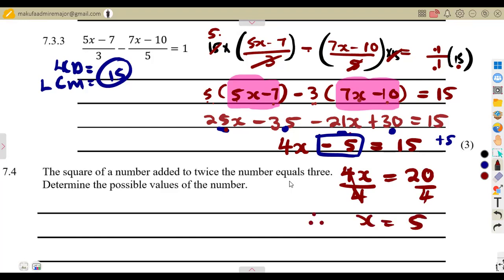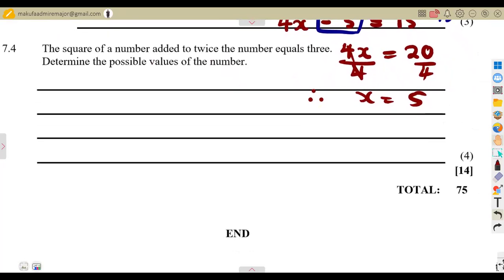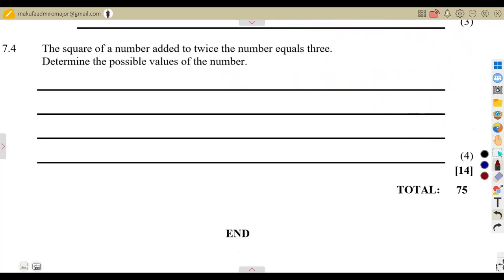So guys, do revise as much questions as you can. The more questions you revise, it can help. 7.4: the square of a number added to twice the number equals 3. The number, whenever the number is not known, it's x.